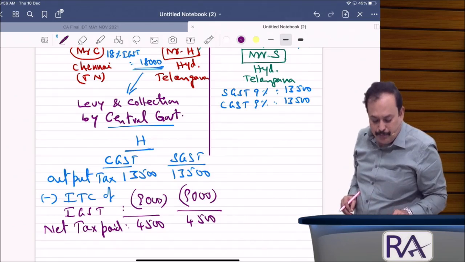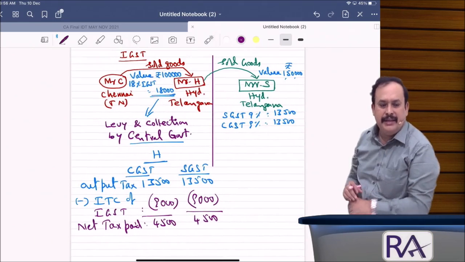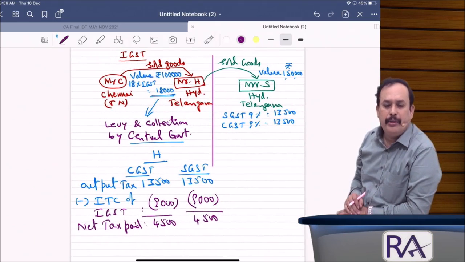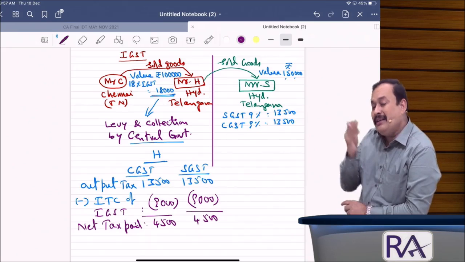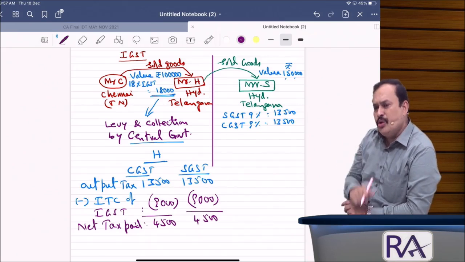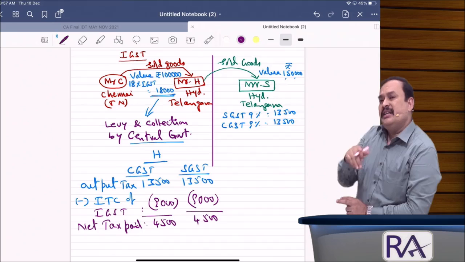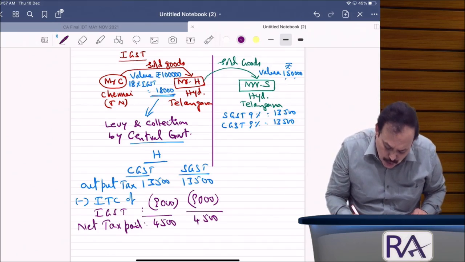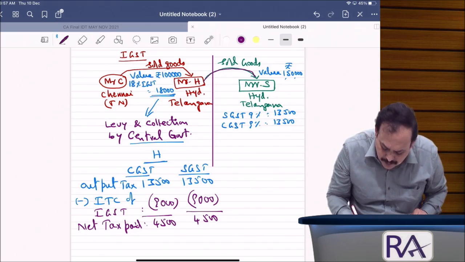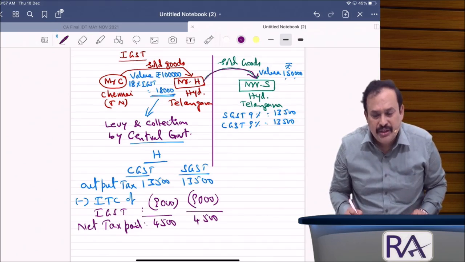This is the important area one should understand. Sir, in the given case, what is the revenue to the state when H sold the goods to S?